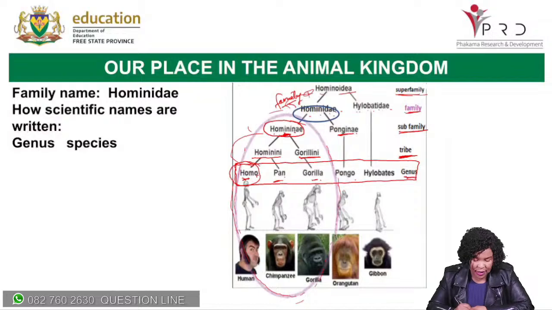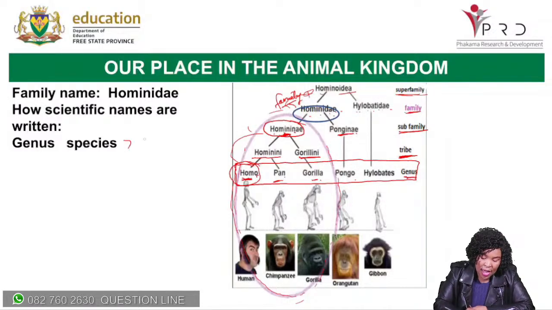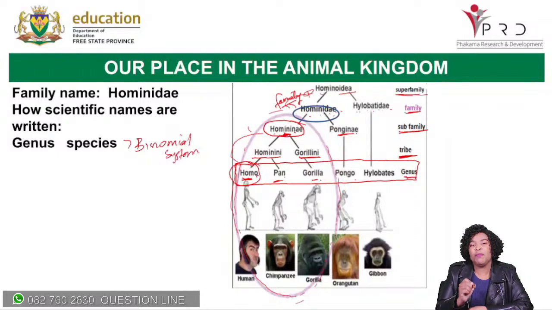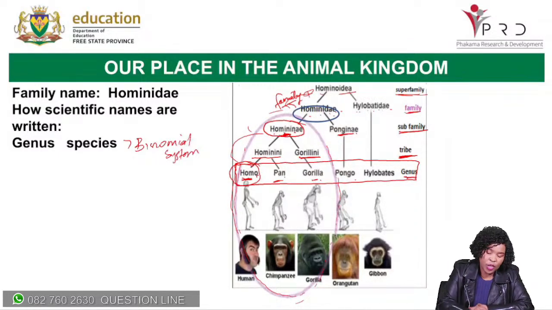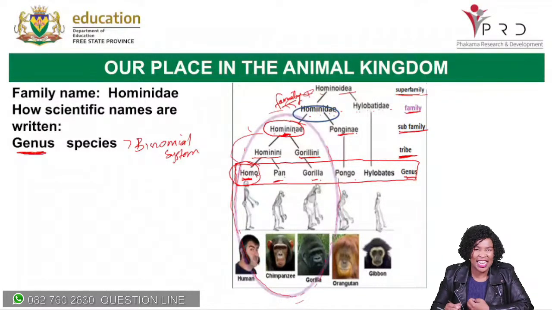And what is very important also, you need to remember from grade 10, how do you write a scientific name? A scientific name consists of two parts, which we call a binomial system. This binomial system, the first part of a scientific name of an organism, is going to tell us about the genus of that species, or the genera where the species come from.